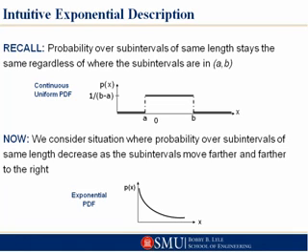Intuitively, what we looked at in the last session were random variables that follow uniform probability distribution functions. What that meant is that the probability that the random variable would take a value in a subinterval of the same length would stay the same regardless of where that subinterval was between A and B. In one example, the delivery time was uniform between 1 and 5 days.